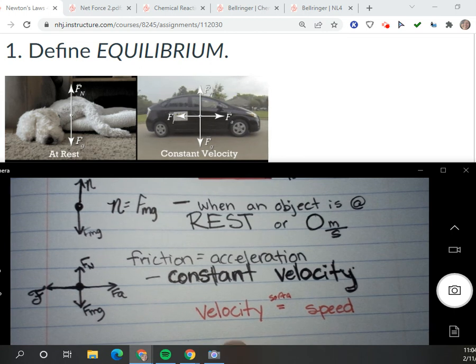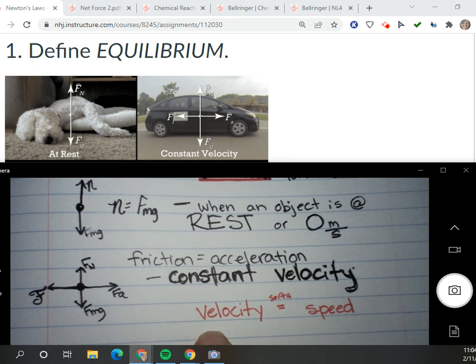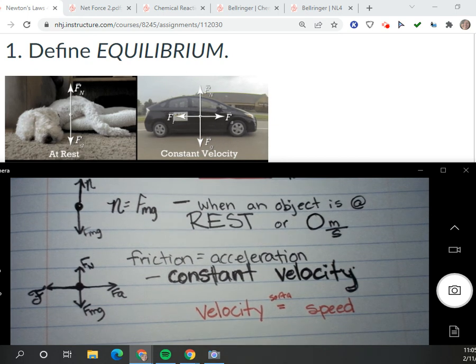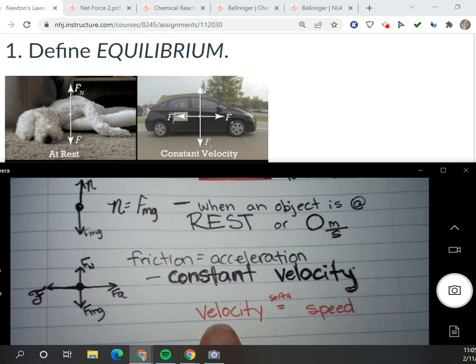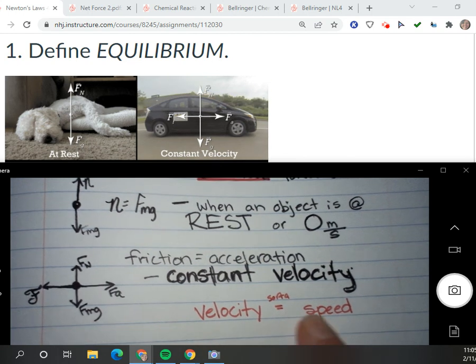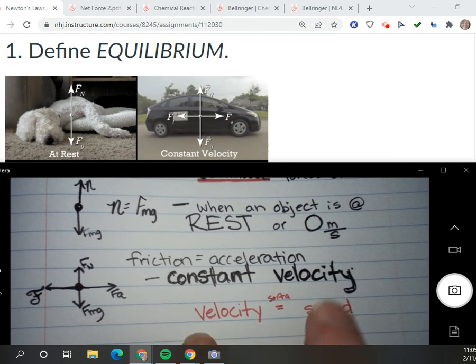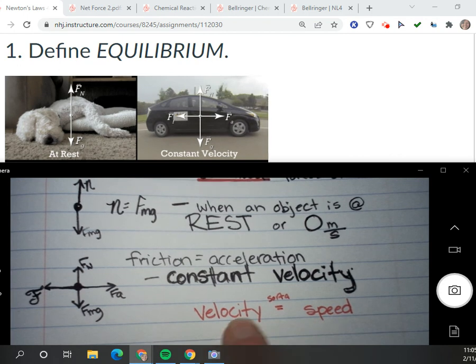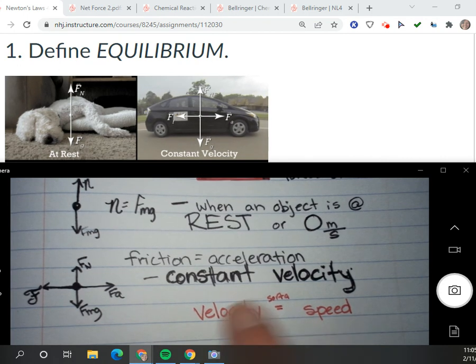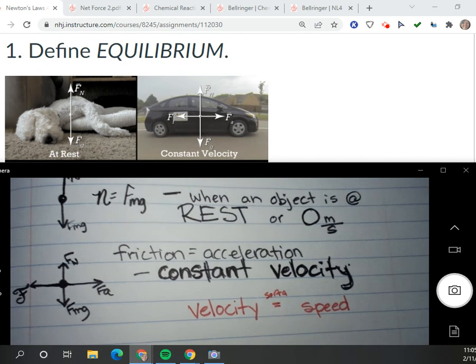Let's go back to that idea. If velocity is a vector, speed is a scalar, what does velocity have that speed doesn't? A direction. Velocity has magnitude and direction, whereas speed is just magnitude. But nonetheless, we're still talking about distance over time.